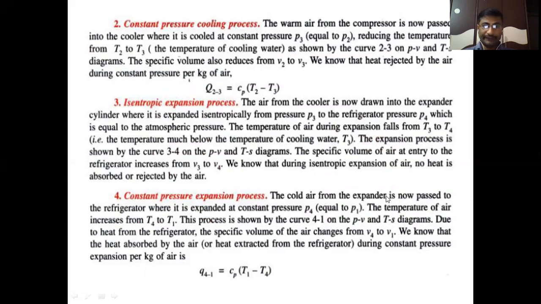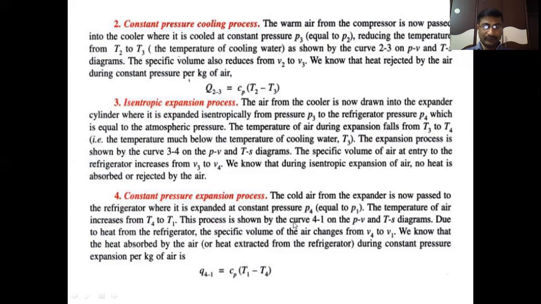The cold air from the expander is now passed to the refrigerator. Whenever the air is expanded in the expander, the temperature is reduced. The low temperature air passes through the refrigerator, where it is heated at constant pressure P4 equal to P1. The temperature of air increases from T4 to T1.